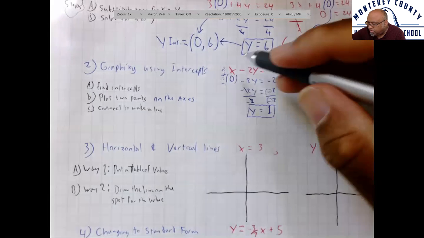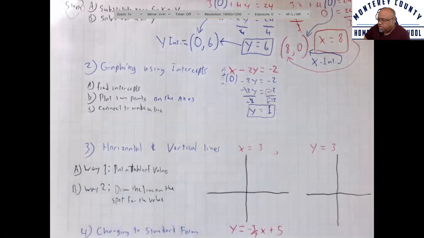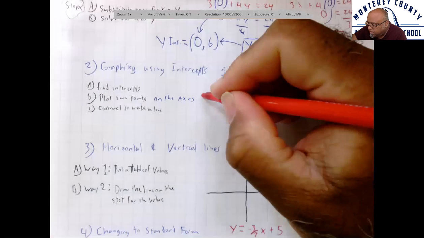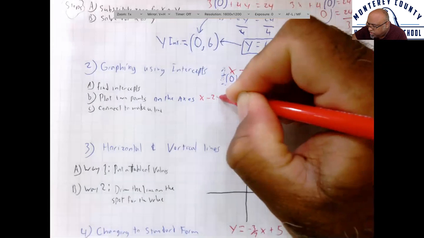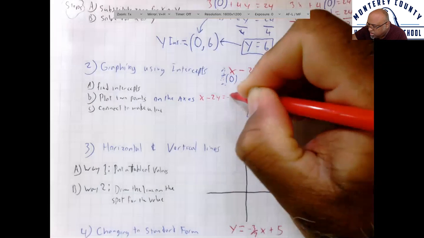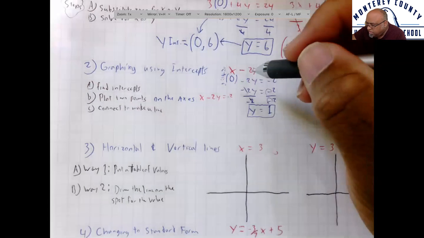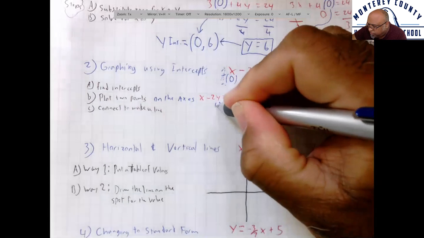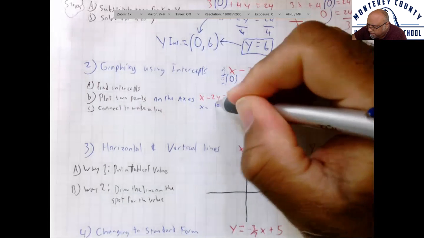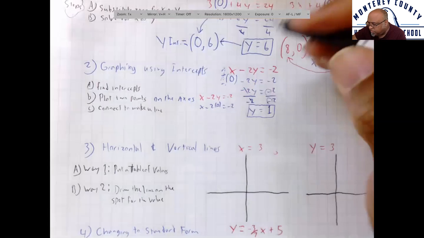Now, if I were to solve again, but isolating x, I don't have a lot of room here, so let me just try to do this small. Okay, so now I'm going to substitute 0 for y. x minus 2 times 0 is equal to negative 2.